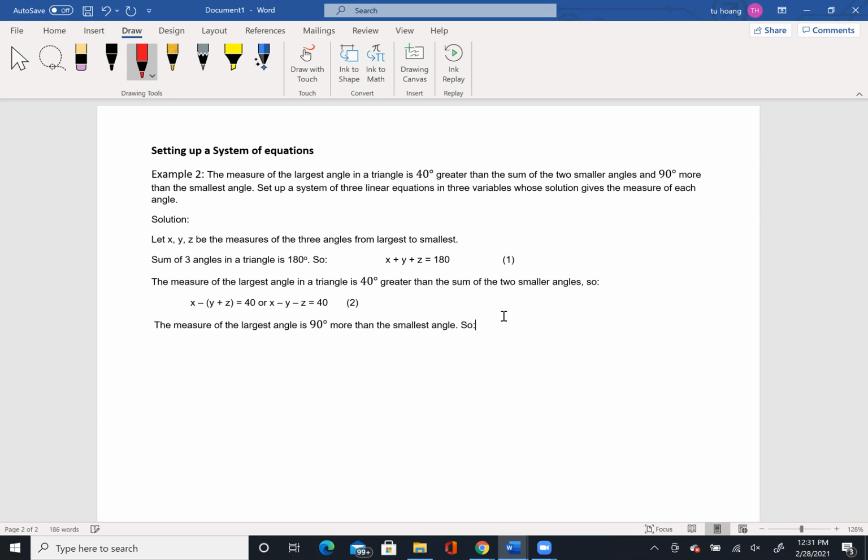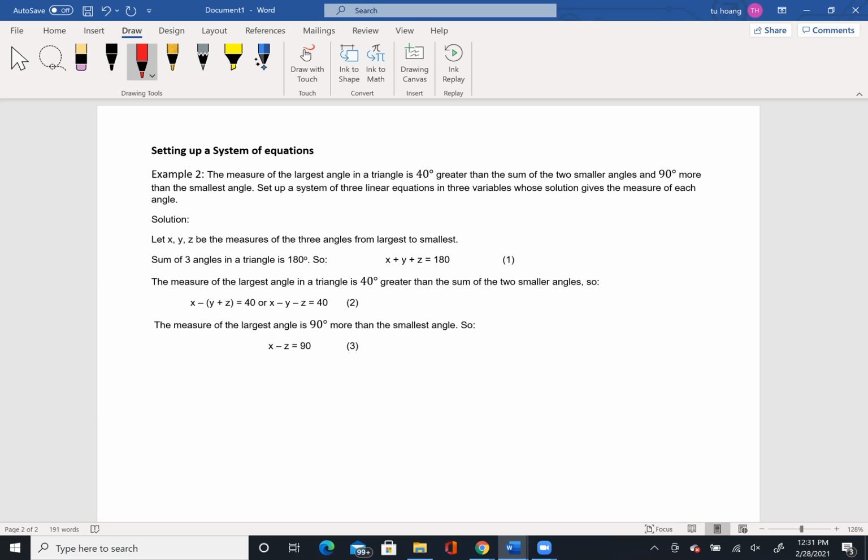So I have x minus z, because z is the smallest one, right? Will be equal to 90. Okay, and this I call the third equation.